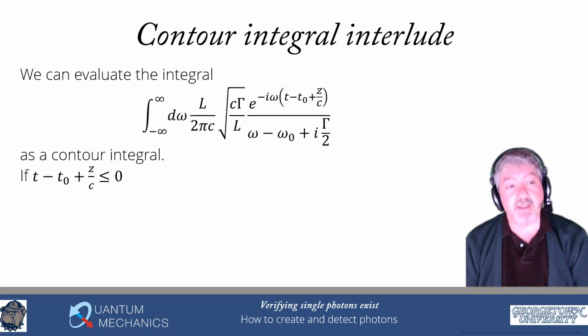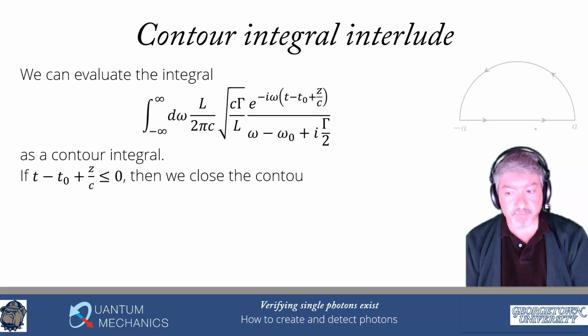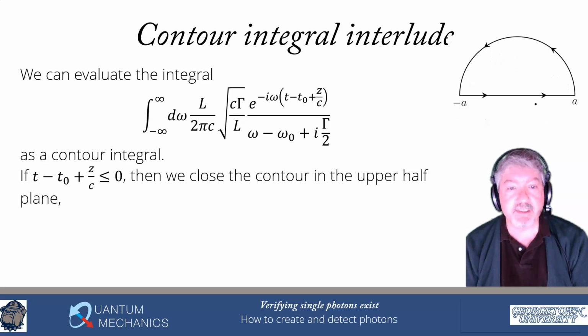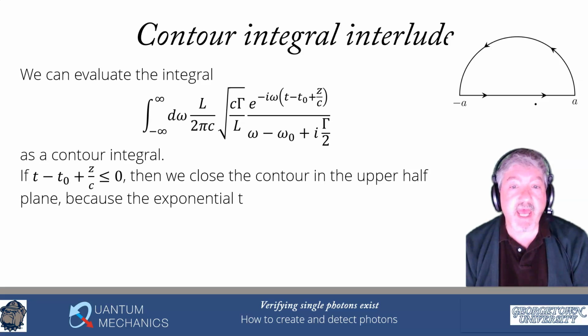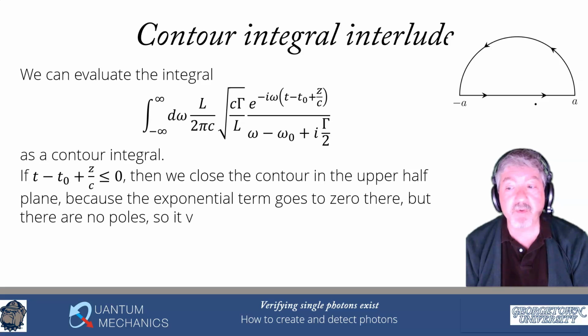Let's start thinking about the case where t minus t0 plus z over c is less than or equal to 0. In that case, we want to close this contour in the upper half plane. Remember, when we're trying to calculate integrals by residues, we need to be able to evaluate what the integral is over this large semicircle that we're adding to our integral.